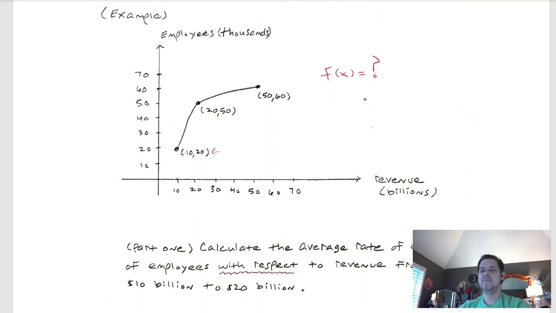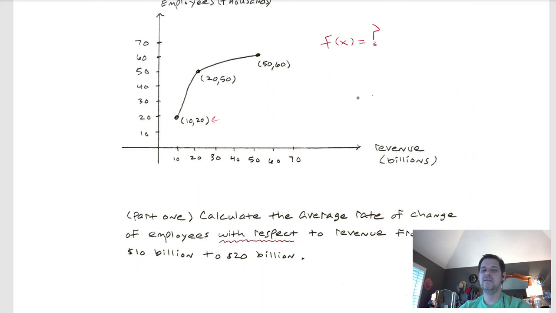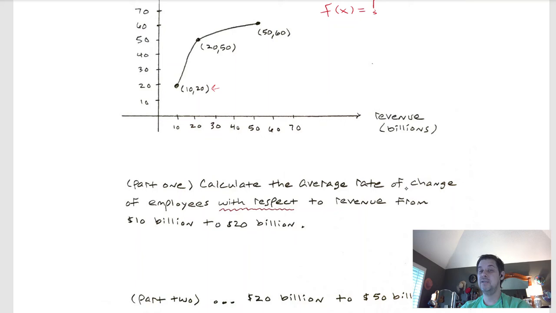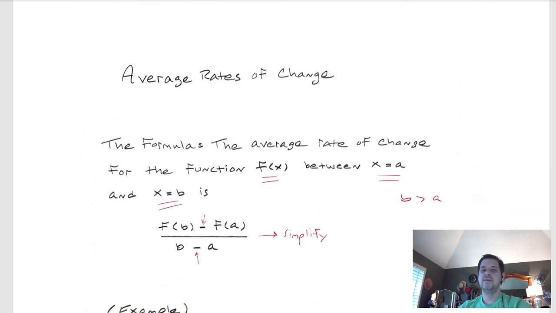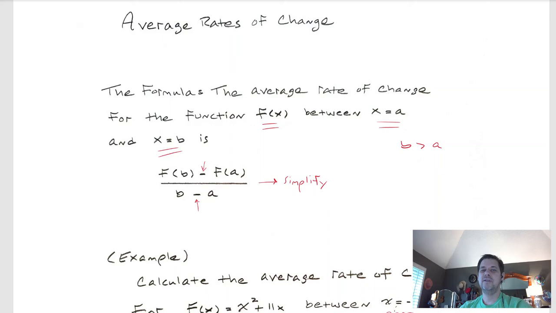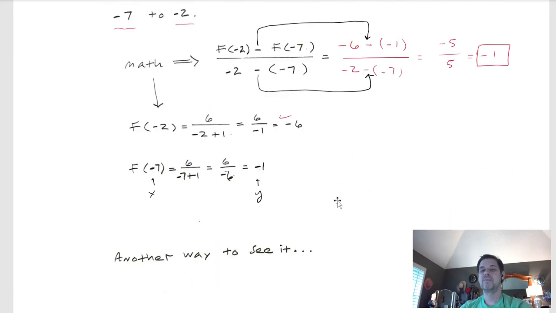Because remember, when I first started the video, I said to calculate an average rate of change, you have to have a function, and you have to have a smaller value for x and a larger value for x, okay? And then here we don't have a function, right? I did say the average rate of change for the function, so you'll have a function, and then you'll have two numbers. And then here that seems to be missing.